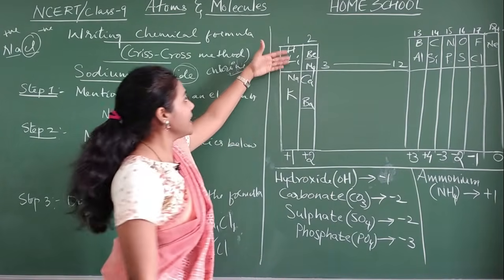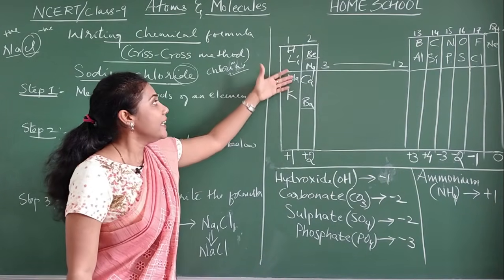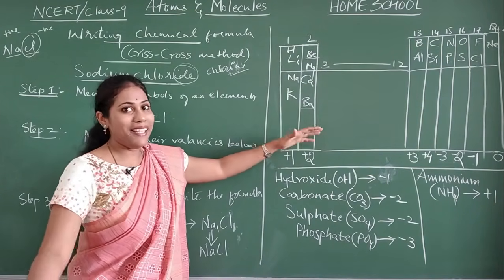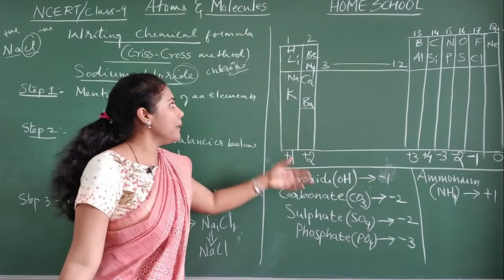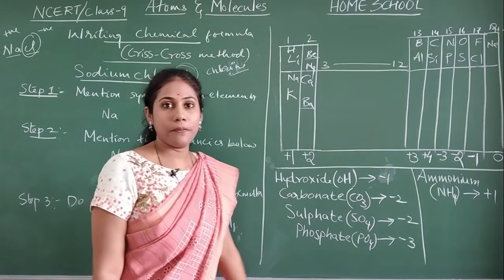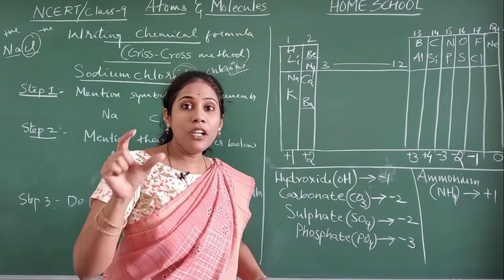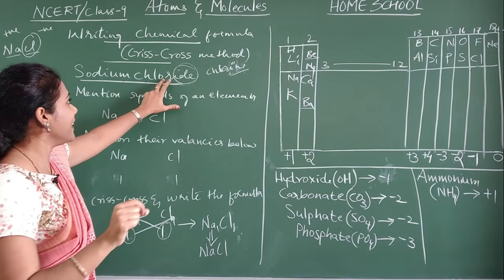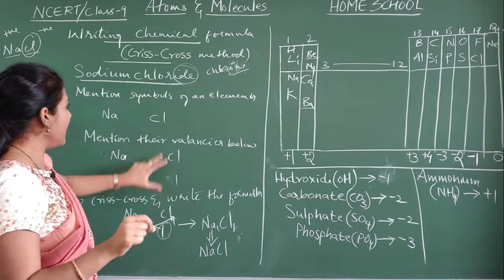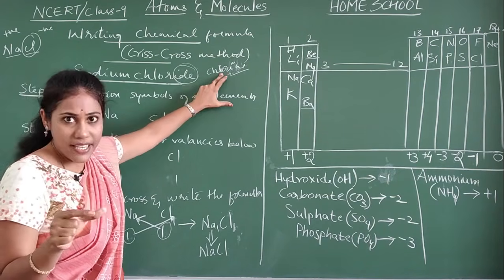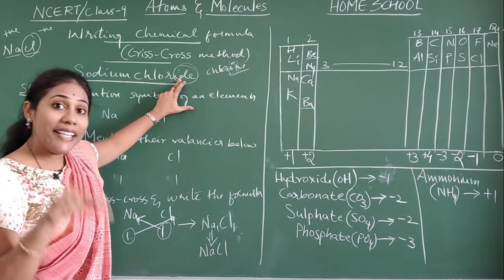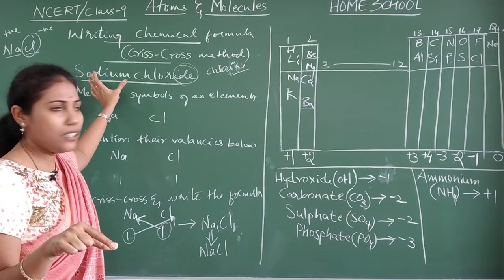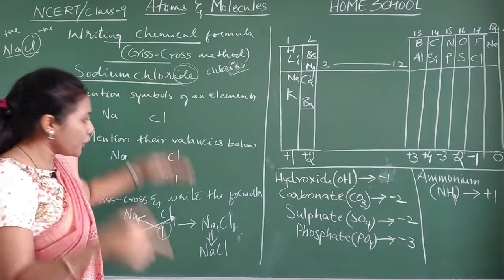But for positive valency, say sodium, its name will remain as it is. Na, sodium; K, potassium, like that. So you should have an idea why we are writing chloride. Cl means chlorine, its name, but we write chloride in a compound. It is a rule.